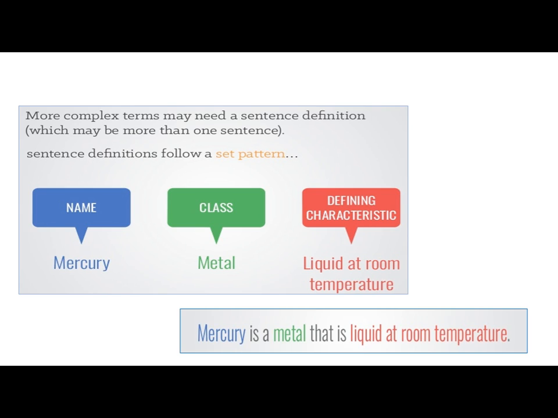Then defining characteristics. So, mercury, metal. What's the characteristic? Liquid at room temperature. If we combine all these words, it gives a meaningful sentence: Mercury is a metal that is liquid at room temperature.